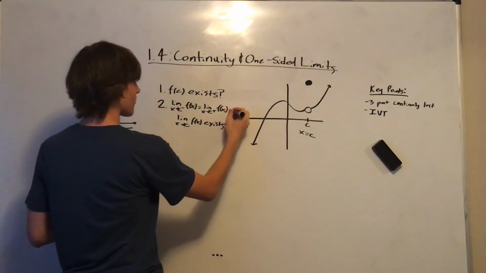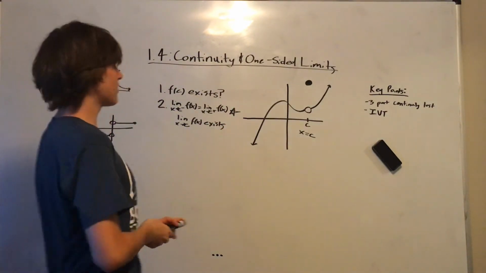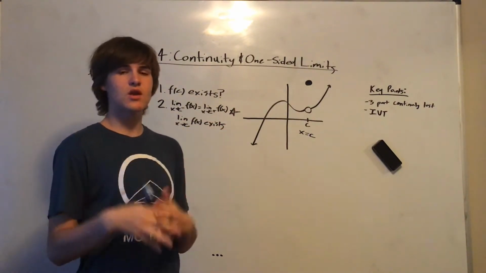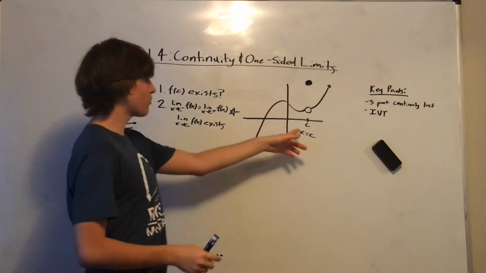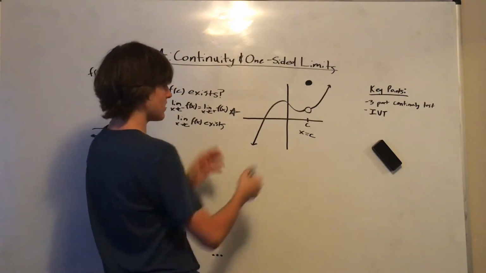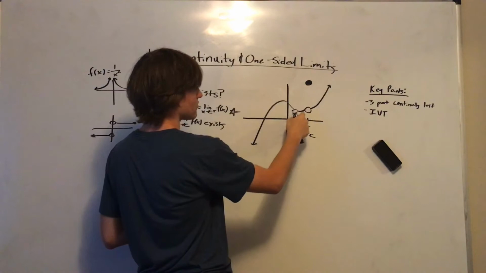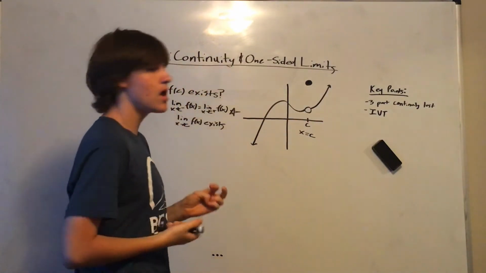Because this part right here is a requirement for the limit to exist. The left and right hand limits must be equal for our limit at the point to exist. In this case, it still passes our test because the limit is going to be the same from both sides right here. It's approaching the same point.